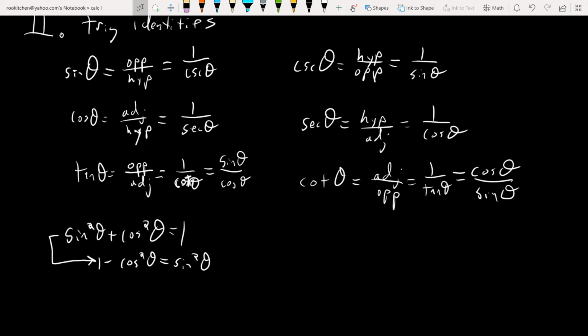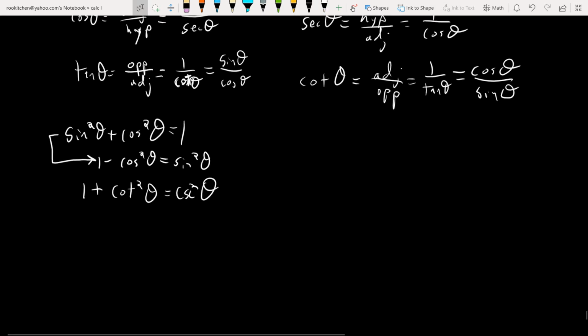Also from this identity, if you divide by sine squared, you'll have 1 plus cotan squared theta equals cosecant squared theta. Then if you divide the entire thing by cosine squared theta, you get tan squared theta plus 1 equals secant squared theta. All of those you should have definitely embedded in your brain.